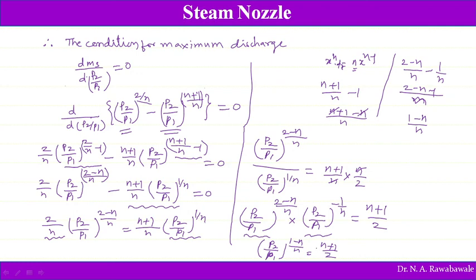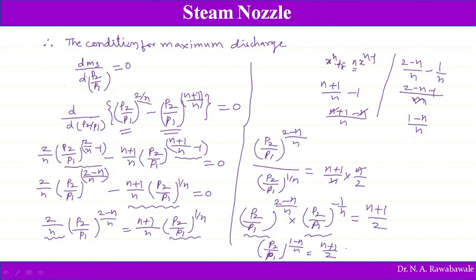So this can be written as p2 divided by p1 to the power of 1 minus n divided by n is equal to n plus 1 divided by 2. So this was the equation which we obtained here.